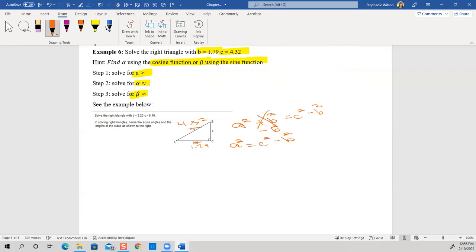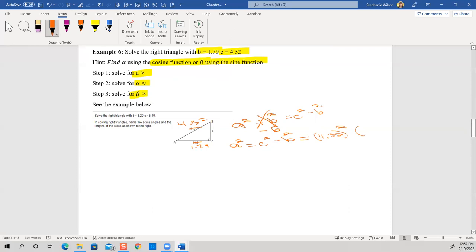All right, now I know what C is and I know what B is, and I can plug in my points. My C is 4.32 squared plus my, oh, be careful. I was going to write plus because I'm so used to this formula being plus.